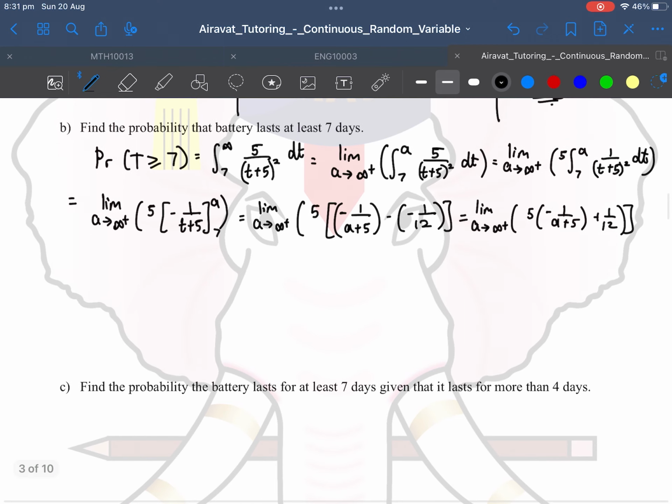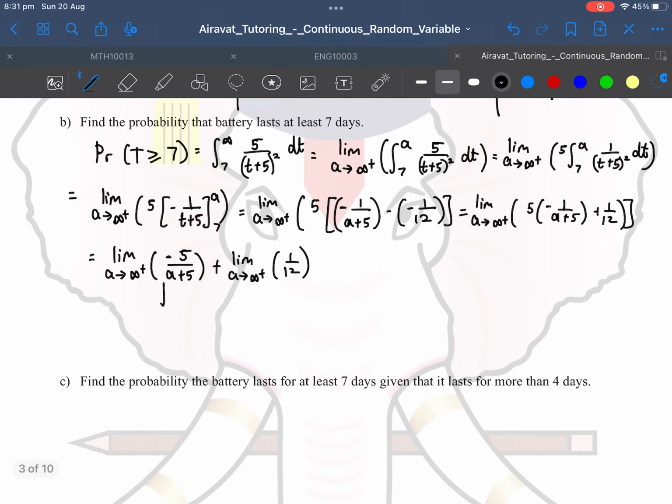Now I'm going to split this limit again like I did for question A. So the limit as a approaches positive infinity of negative 5 on a plus 5, plus the limit as a approaches infinity of 1 on 12.